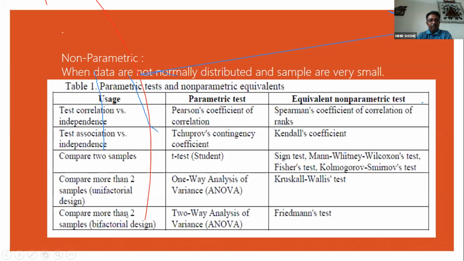Comparing more than 2 samples, bifactorial design, two-way analysis of variance in parametric, whereas in non-parametric it would be the Friedman test. Besides that, in the case of non-parametric, we can also do the median test.